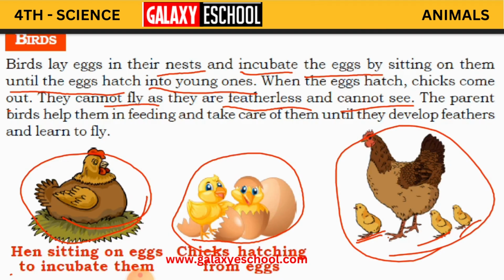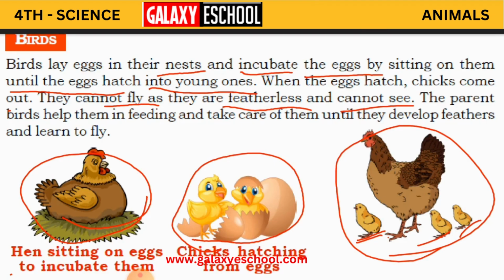Just as when we are babies, when we are born, the human beings, can we walk immediately? No, we cannot walk. We cannot also open our eyes for some days. So same like that here, the baby hen, that is the chicks, they cannot fly and they do not have feathers. They are featherless, in the sense they do not have feathers, and they cannot see also.